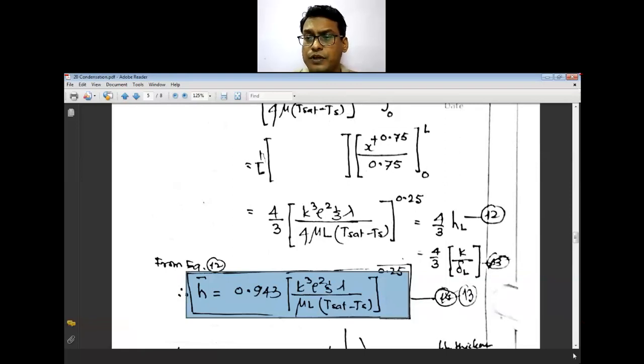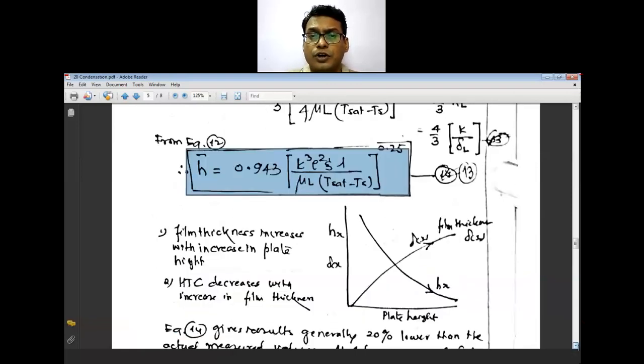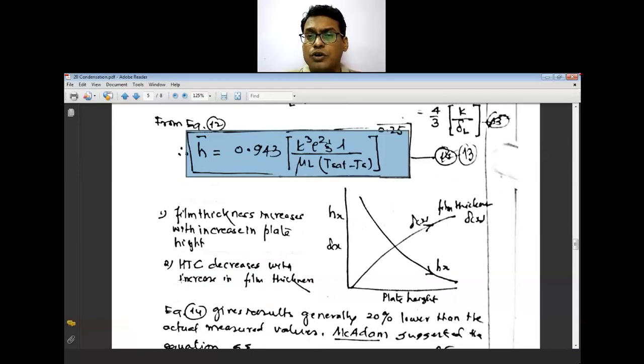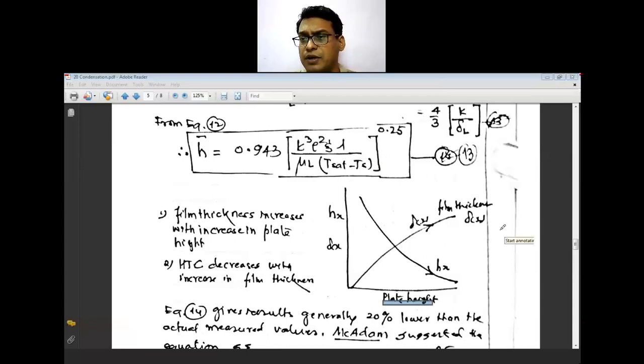Now the hx, and this is the plate height. The heat transfer coefficient at the top edge is maximum. At the top, heat transfer is maximum and it goes on decreasing.